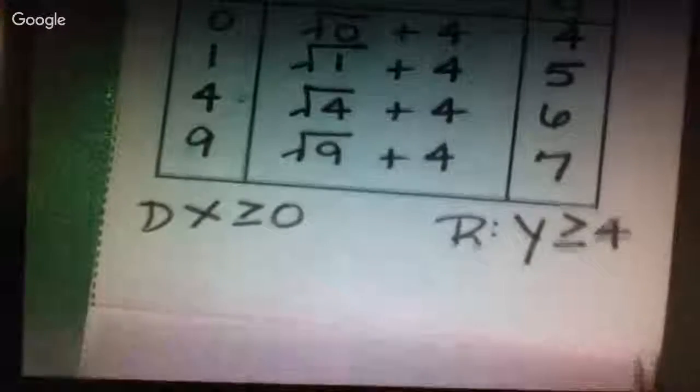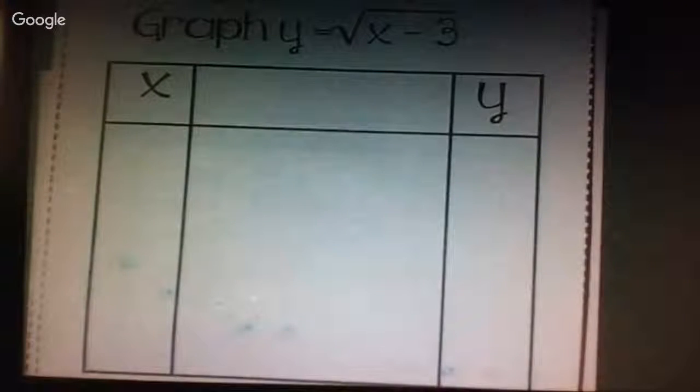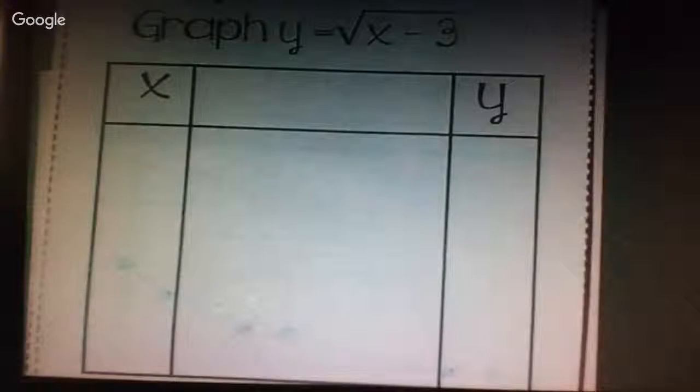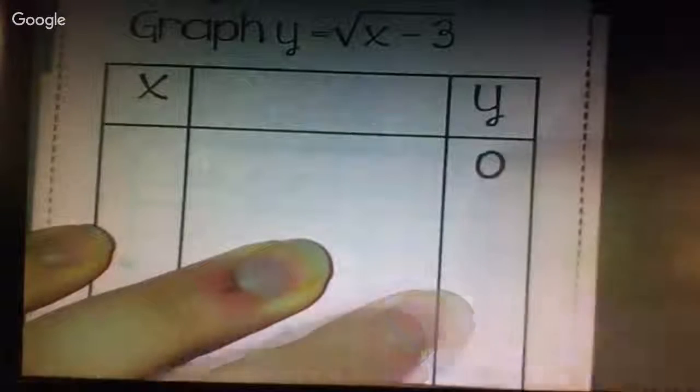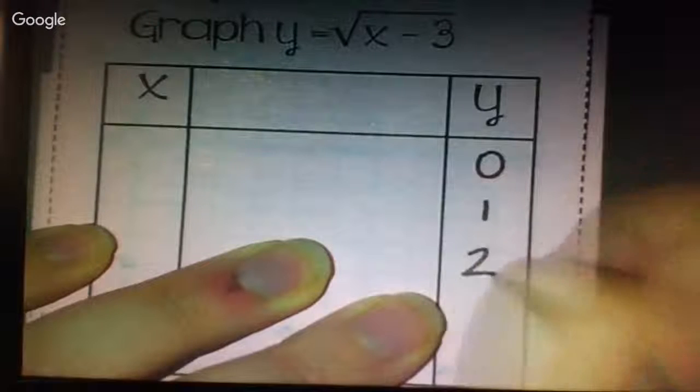One more. Last one. This changes my X. So we're going to be a little bit more careful with this one because I want my Y's not to change. I want my Y's to go back to the original 0, 1, 2, and 3.